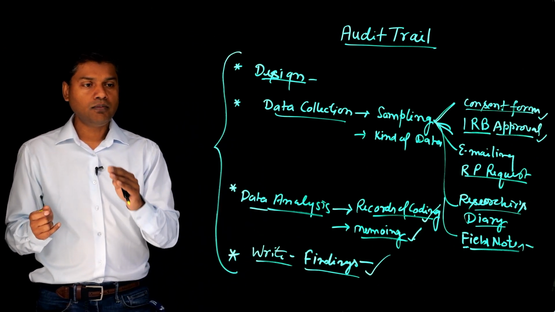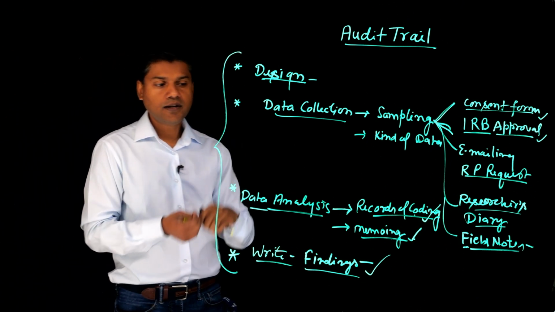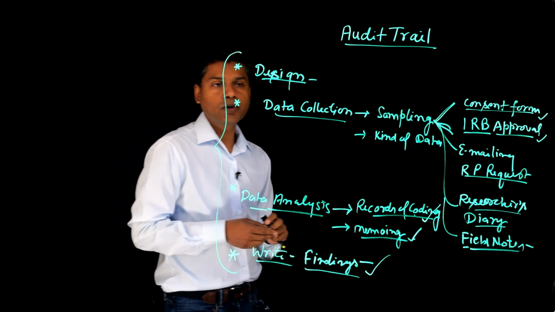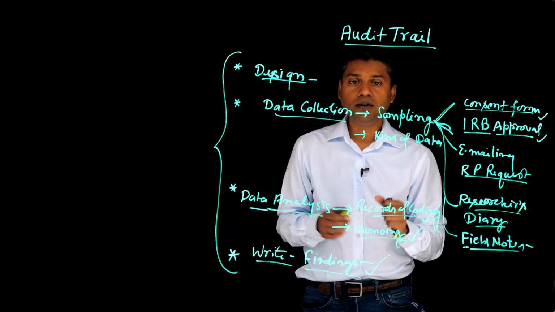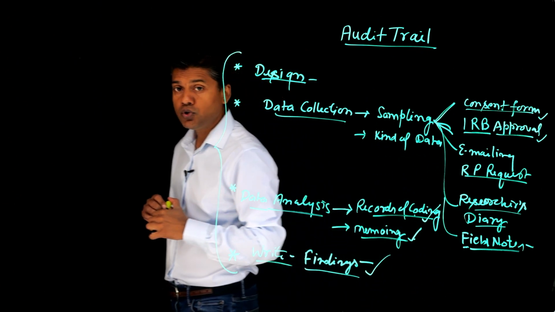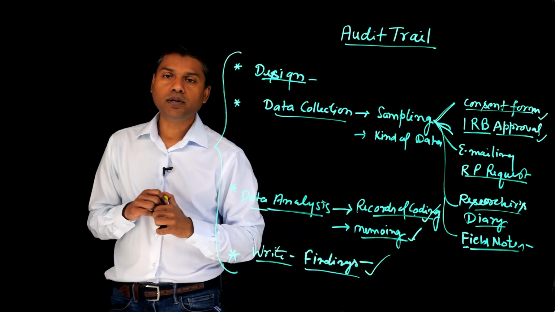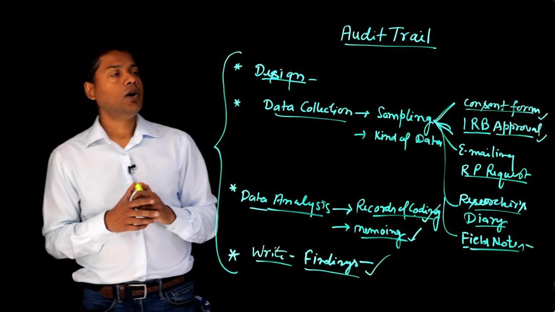So overall, there is a record to show this process, and that's very important when we are doing qualitative research. Audit trail is a very important aspect to ensure a high level of trustworthiness in qualitative research. So that's briefly about audit trail.